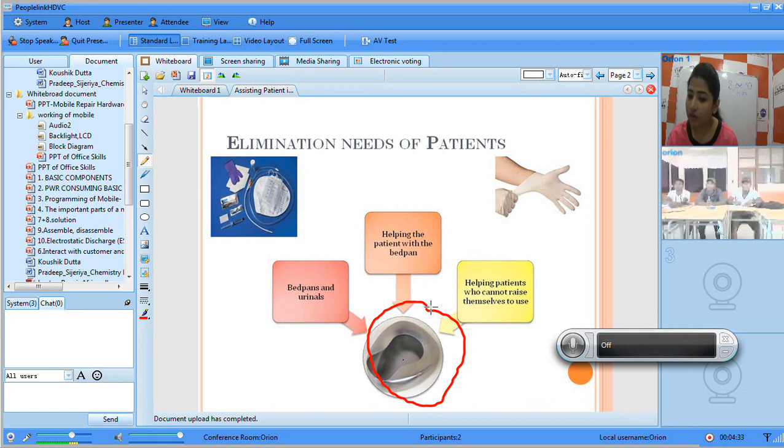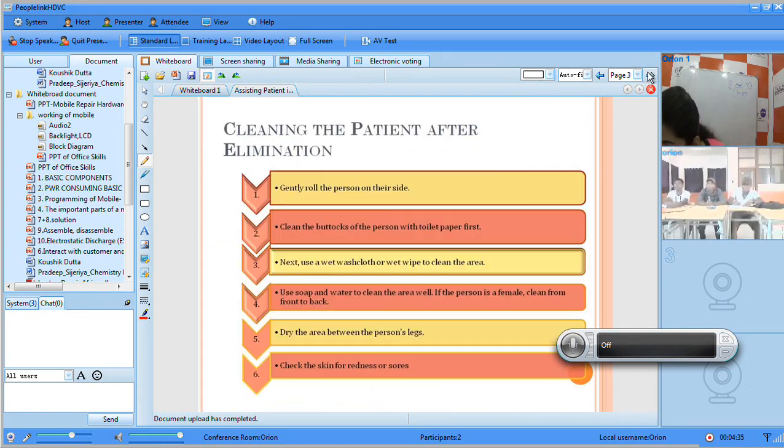Next, we move on to cleaning the patient after elimination. This is a mandatory procedure: you need to put on your gloves before assisting any patient in the elimination process.